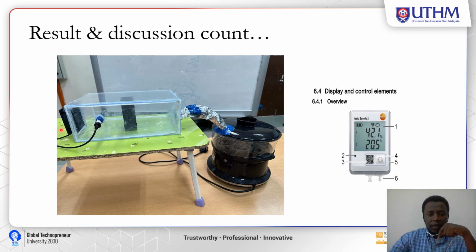And then here I have an exhaust fan to take out the extra. If the temperature is too high, I will open the exhaust fan for it to cool down, and then I will close it to get the temperature needed, and then take the reading using this sensor. So basically that's how I measure the temperature and humidity.